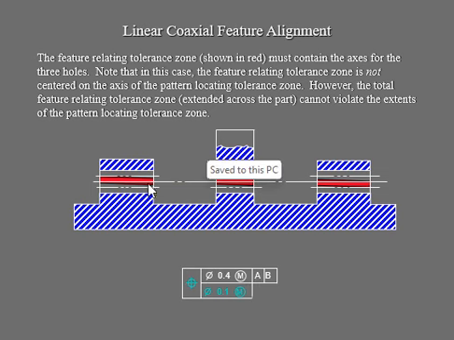So your total feature relating tolerance zone, which is the red one, cannot go over your pattern tolerance, because the pattern tolerance is bigger than your feature tolerance, the position of that feature. Don't forget, we are positioning the pattern and also the hole itself.